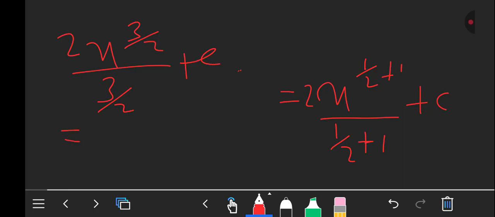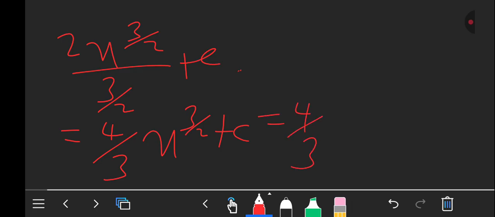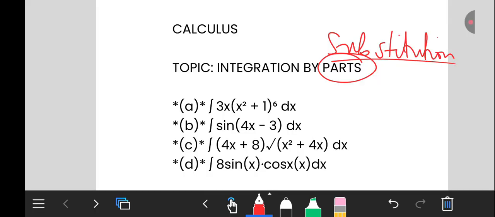So this is equal to 4 over 3 u to the power 3 over 2 plus c. Then we get to substitute u. Where there was u, we had let it be equal to x squared plus 4x.